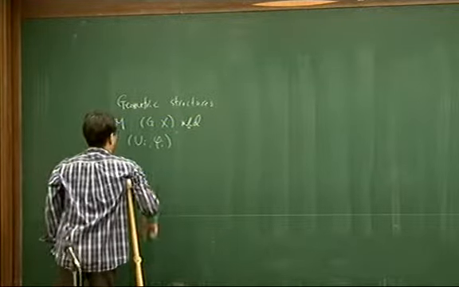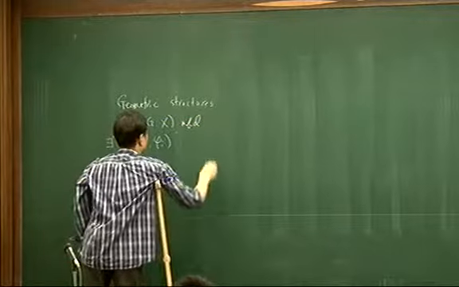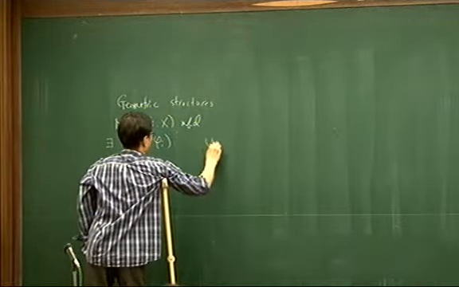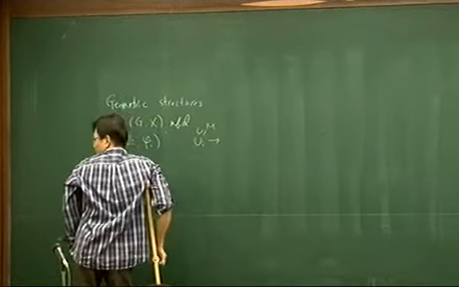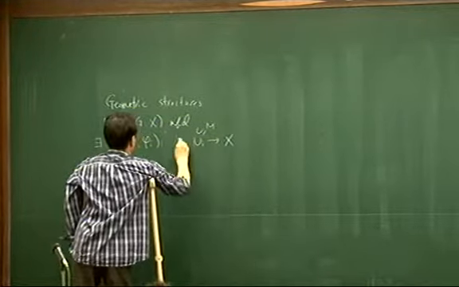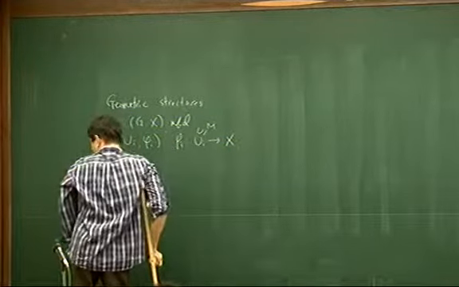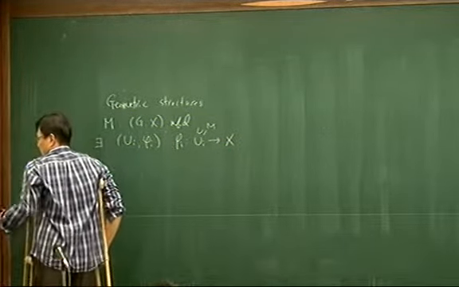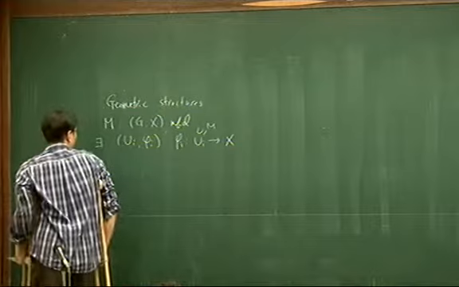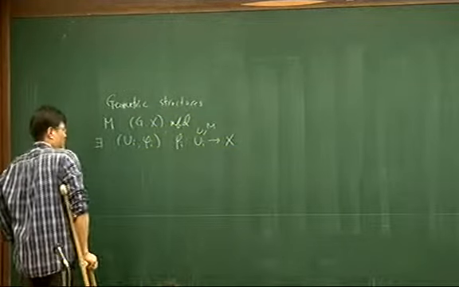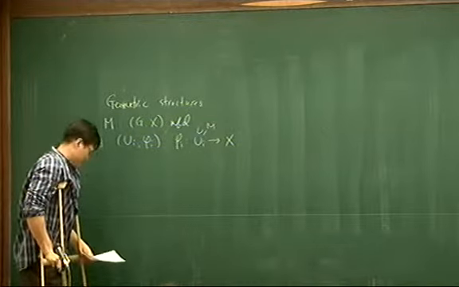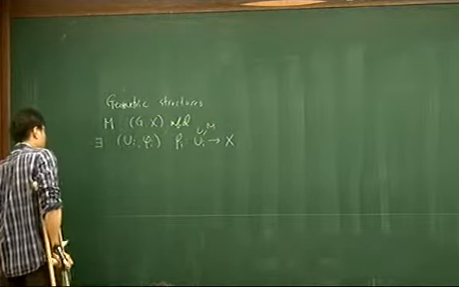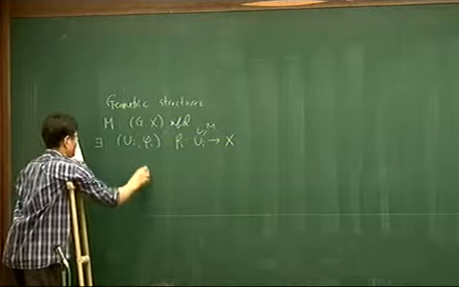U_i is some open set in the manifold, and phi sub i is some homeomorphism or diffeomorphism from this U_i into this model manifold X. Okay? And it satisfies this transition law.